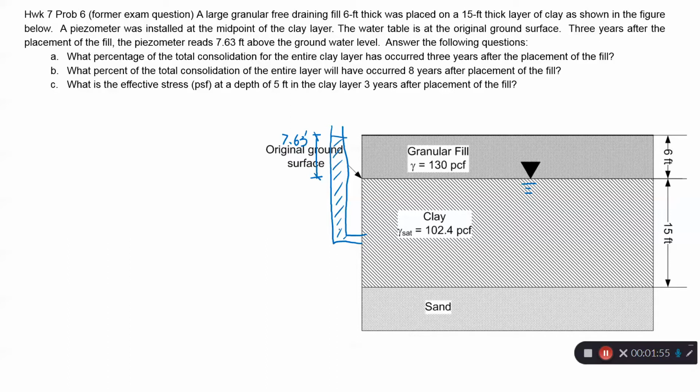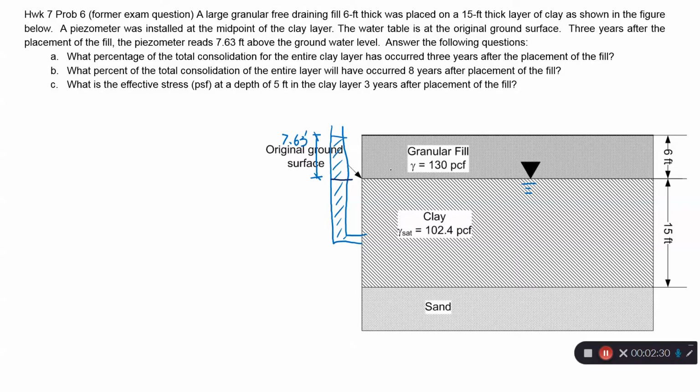So 3 years later, the total height of the water in the piezometer gives you the pressure head at the midpoint, right? Before the fill was placed, your pressure head is going to be at the same height as the groundwater table, right?